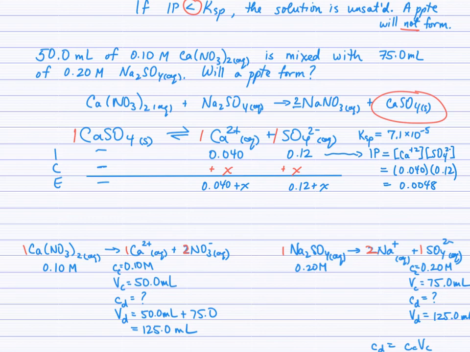We've got 4.8 times 10 to the negative 3 here. We can see that the IP is greater than the KSP of 7.1 times 10 to the negative 5. So when IP is greater than KSP, that means that the solution is supersaturated, and therefore a precipitate will form.